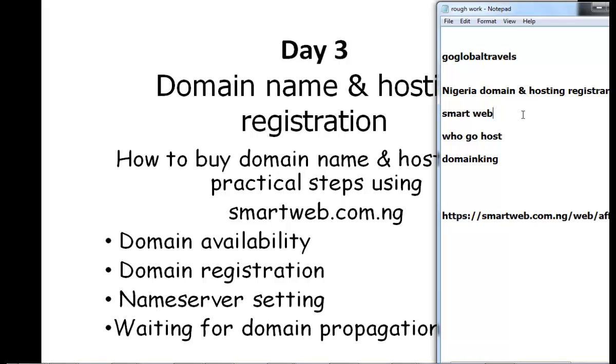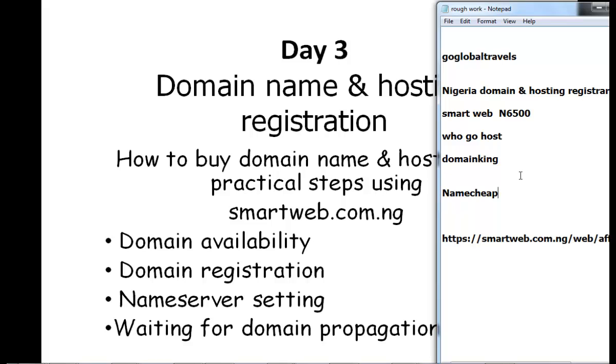With Smart Web, you can do your domain name and hosting registration with 6,500 naira. If you want to go international with Namecheap, let's see what domain name and hosting will cost you.